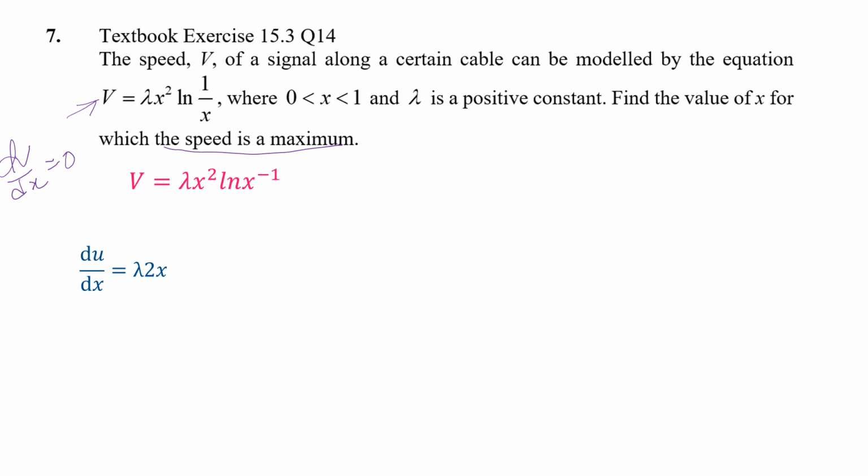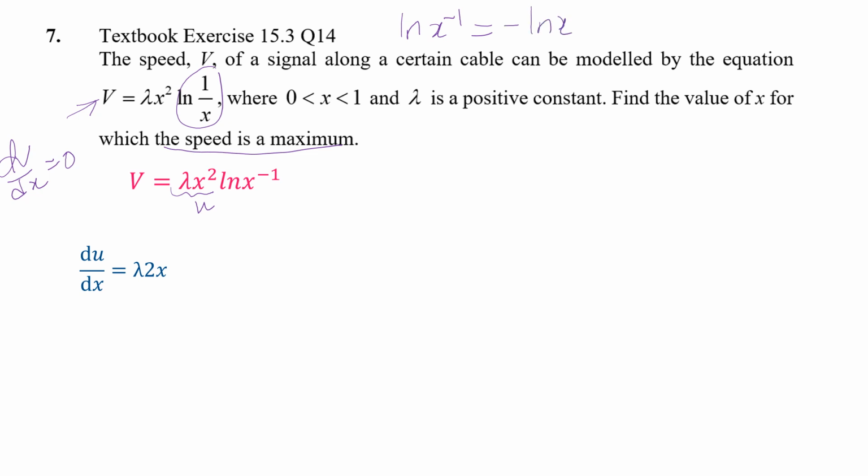Okay, so I'm going to let this equal u. Lambda is a constant, it's just like a number 2 or 3 or whatever, just ignore it. You just need to differentiate x squared to give you 2x. So du over dx is lambda 2x. And then what I've done here is I have rewritten ln 1 over x as ln x to the power negative 1, so I can apply the power law to get negative ln x.